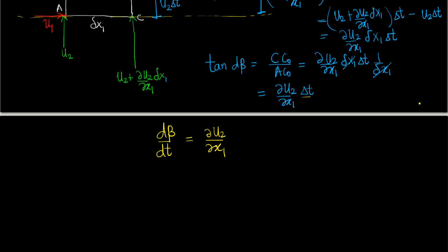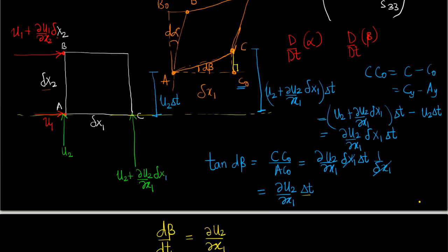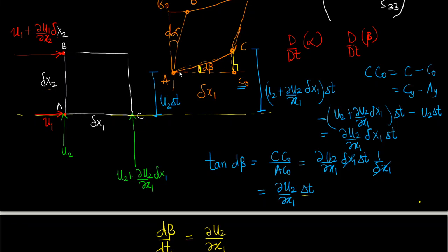So the interpretation of this is clear. The larger the gradient along x in the y velocity we will have, the larger will be the rate of change of the angle from the horizontal of this fluid element. If the velocity at point C in the y direction is larger than the velocity at point A, then point C will traverse a larger distance in the y direction, meaning I will have a larger d beta/dt.